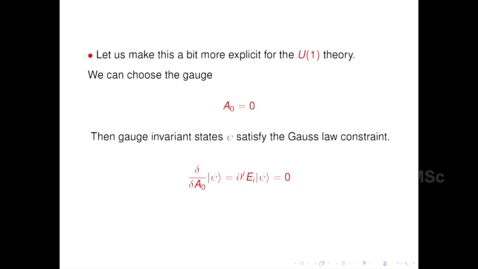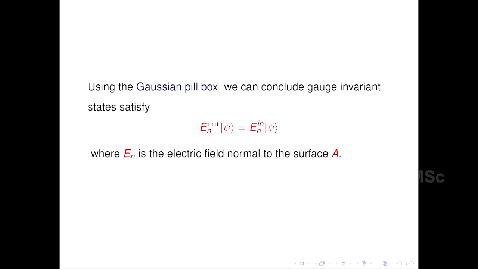To see that explicitly, we choose a gauge. In Maxwell's theory the states satisfy the Gauss law property, and by the pillbox argument, the inside and outside electric field should be matched.